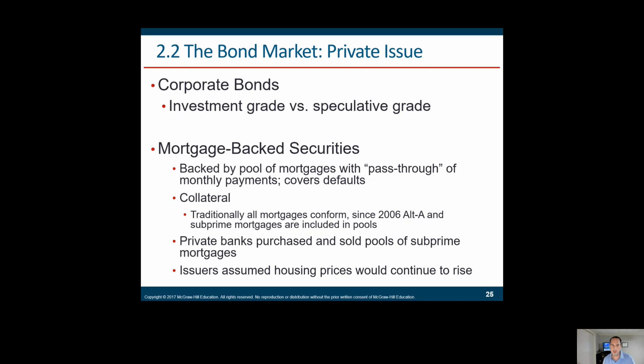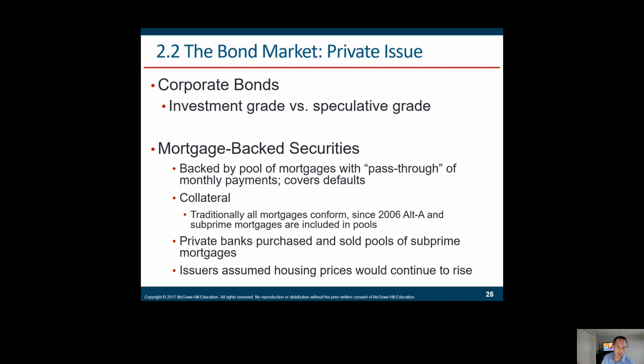There's also mortgage-backed securities, which we talked about. That's backed by a pool of mortgages. They aggregate them and then pay the investors out the interest. The reason mortgage-backed securities are attractive is because they're backed by the value of the home. And again, historically, people have not defaulted on their home loans in massive amounts, right?